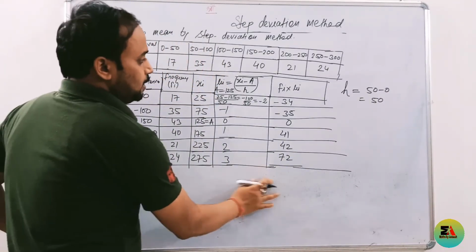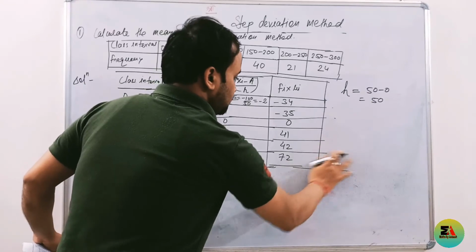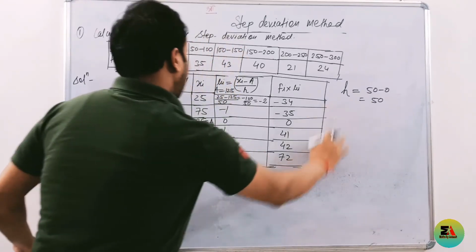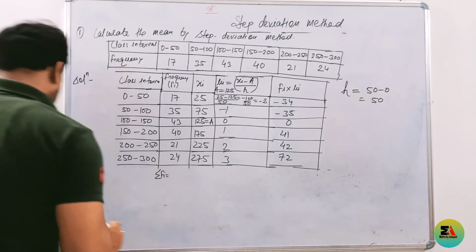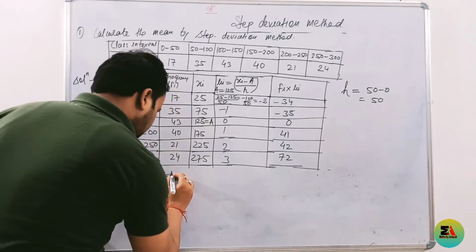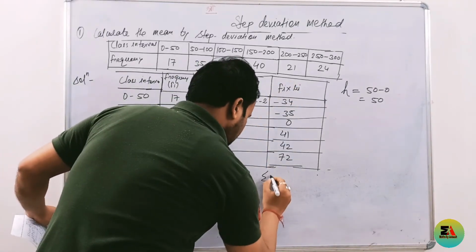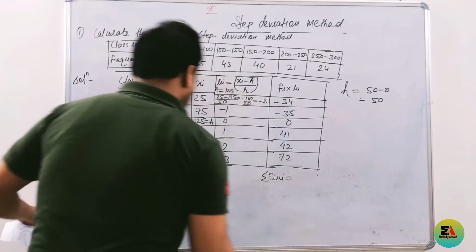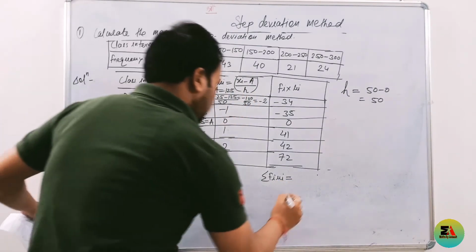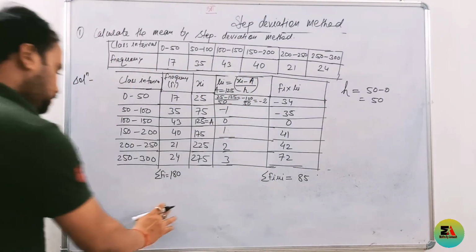I hope up to this stage it is clear. Now next, find the summation of fi. You add all these values, you get 180, and in the same way find the summation of fi ui. You add all these, you get 85.